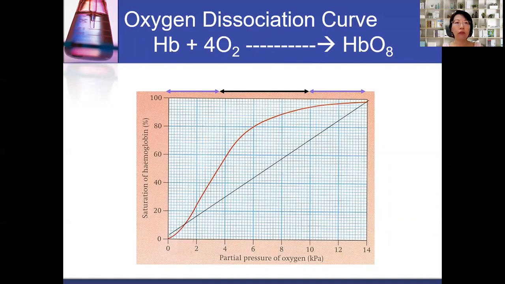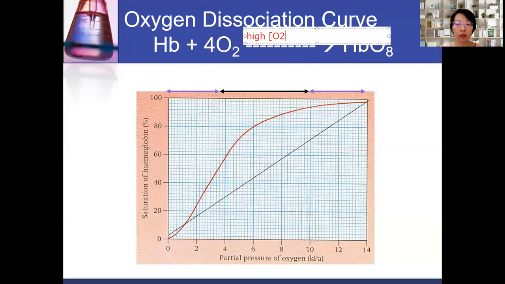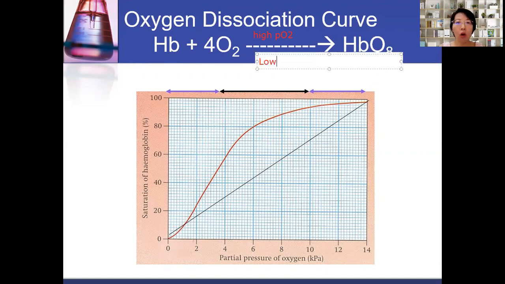Okay, so I've already mentioned that when oxygen level is high, I'm going to use partial pressure of oxygen: high partial pressure of oxygen, it goes to the right. Low partial pressure of oxygen, it will go to the left. So let me go to the left first.